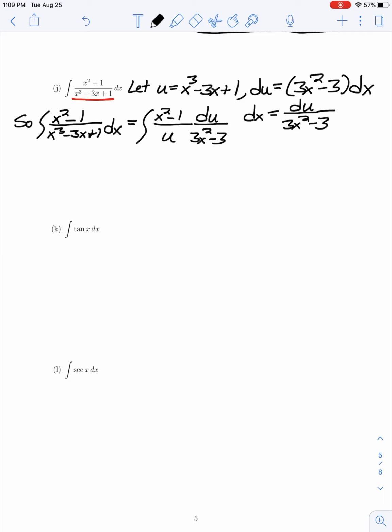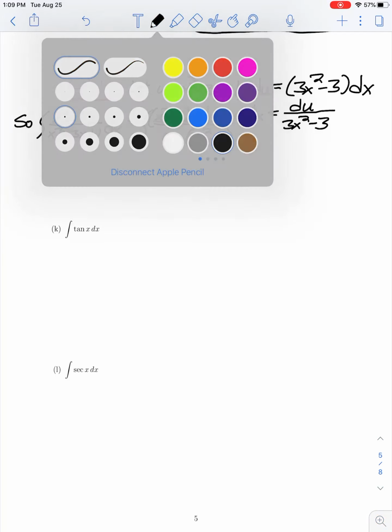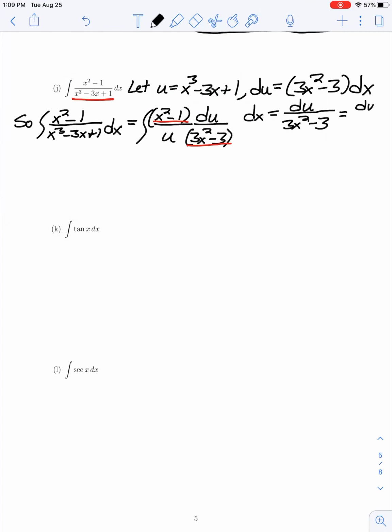At first glance it might not appear that this works out very well, but if we look at these terms in the numerator and denominator, we see that this expression, 3x squared minus 3, is just 3 times x squared minus 1, the factor that we had in the numerator. So if we were to factor out that 3, we're left with exactly x squared minus 1.